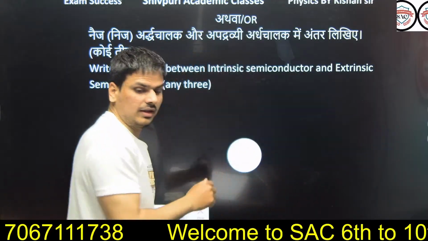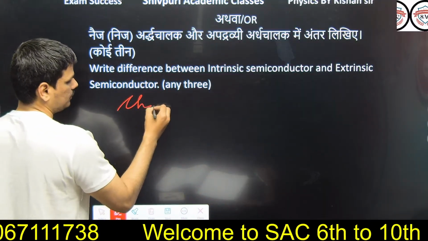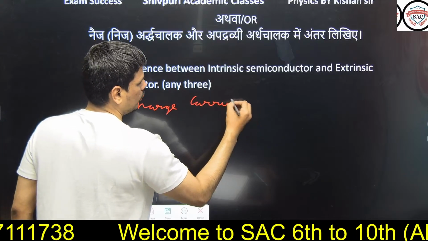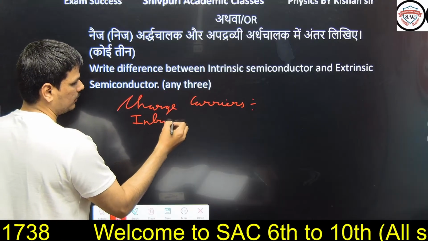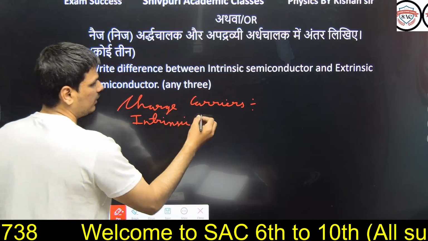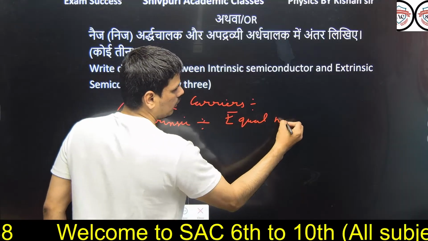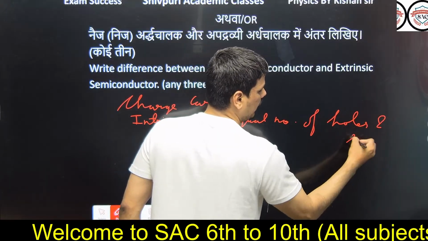Okay, the second thing is their charge carriers. For intrinsic, there is an equal number of holes and electrons.